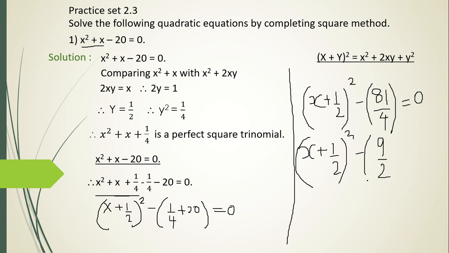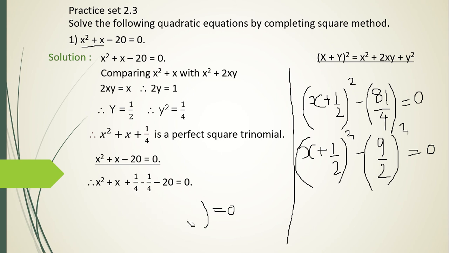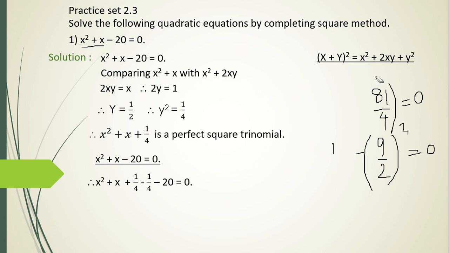So I can write this as (9/2)². Now I got a² − b², so here I can use the (a + b)(a − b) formula, and hence my factors will be ready.